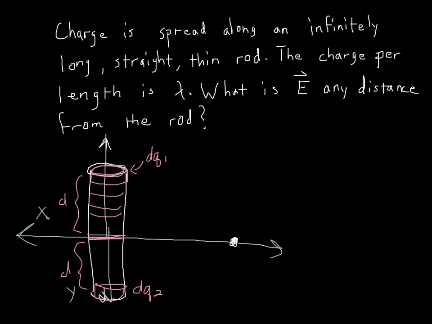So I have this charge element here, dq2, and it's going to create an electric field at the charge that I want to find the electric field at, some distance away. If we draw our field lines, maybe the field's going to go like this.